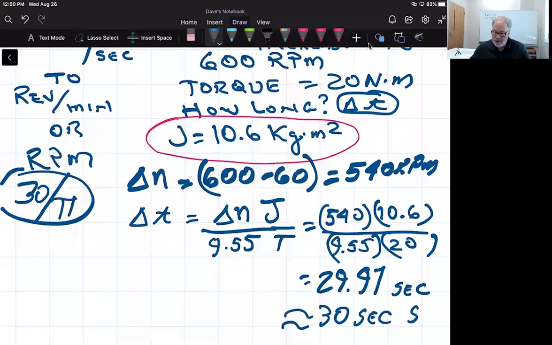So here's our equation solved for delta T, just rearranged. What we're looking at is how long do I have to apply this torque of 20 newton meters? Everything is plugged in here. Delta N is 540, the change in speed. The J number is given to us as 10.6 kilogram meters squared.